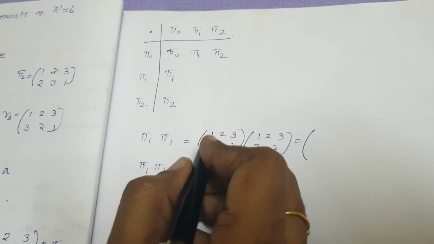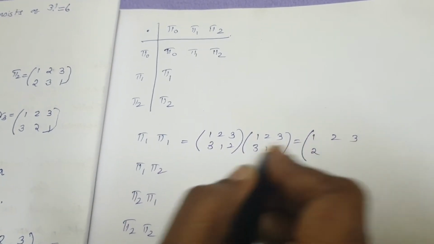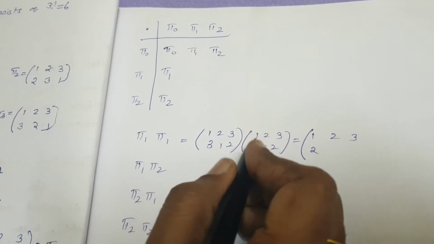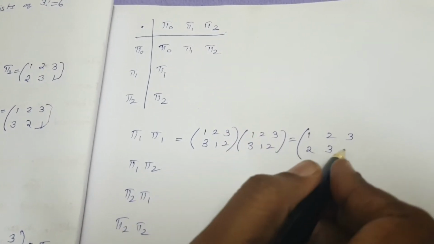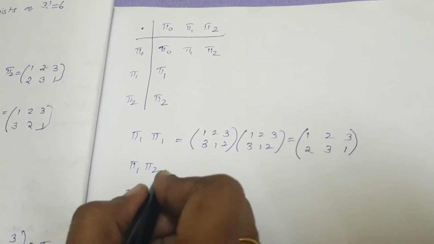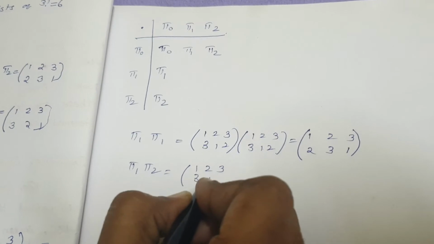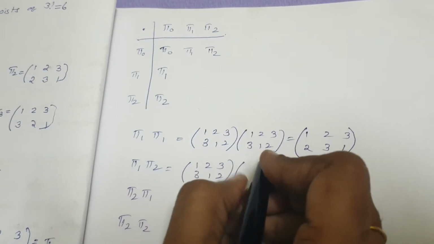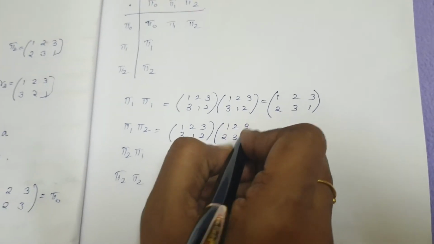So the result is 1, 2, 3, 3 to 2. Next one 2 to 1, 1 to 3. Third one 3 to 2, 2 to 1. So in pi 1 into pi 2, here pi 1 is 1, 2, 3, 3, 1, 2. Pi 2 value is 1, 2, 3, 2, 3, 1.